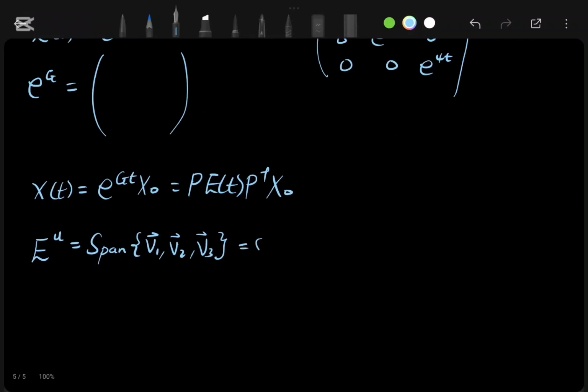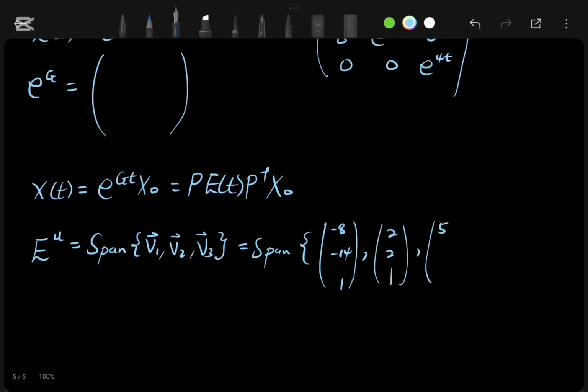So we have the span of your V1, which was given by minus 8, minus 14, and 1. And 2, 2, 1. And finally 5, 1, 3. So these are the unstable subspaces.